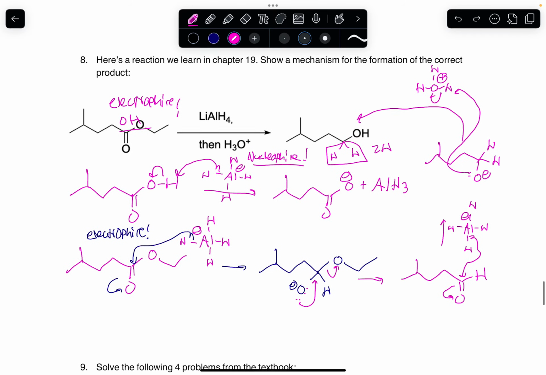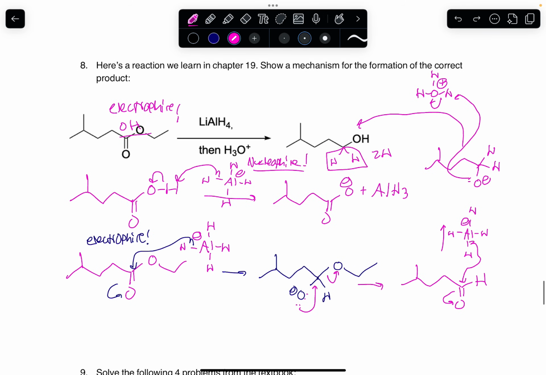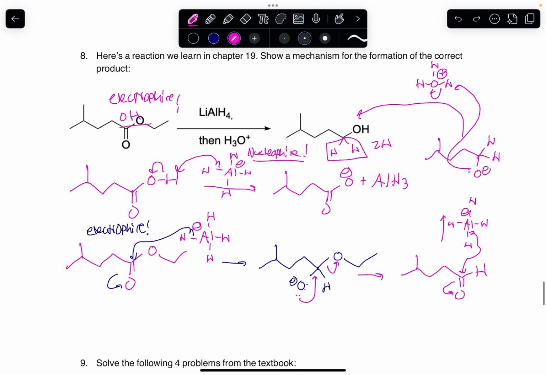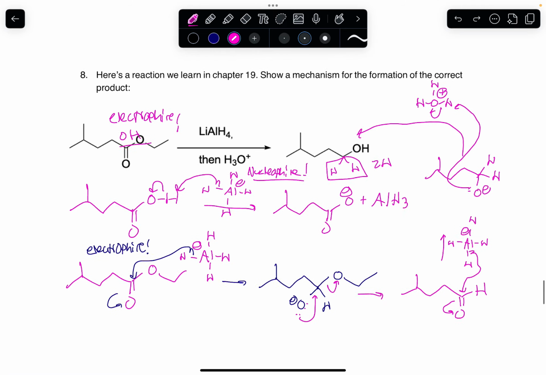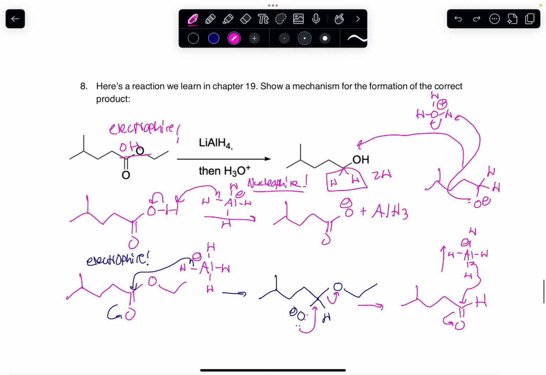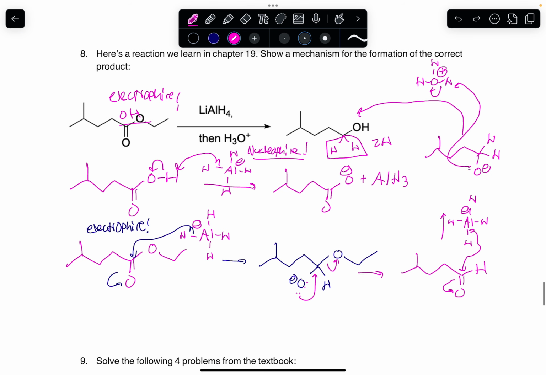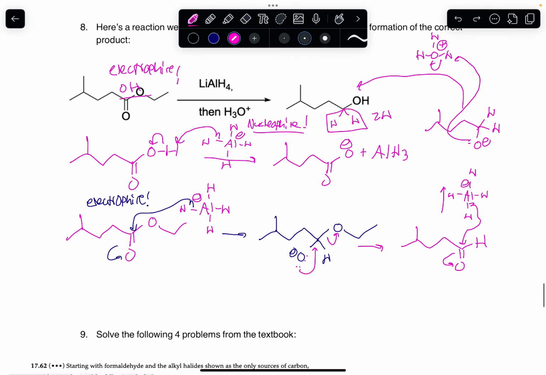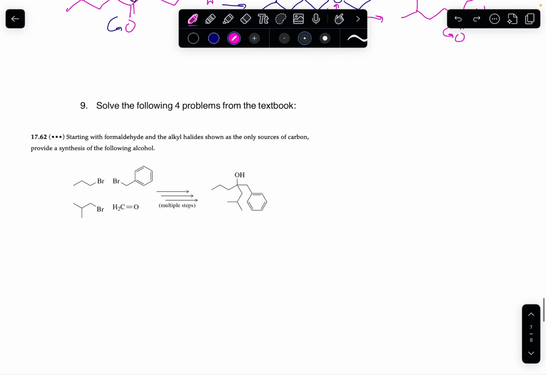This is tricky because we haven't really seen this reaction before. It's one we learn next chapter. But it is good to simulate those kinds of test questions where you're asked to give a mechanism that is tangentially related to what we've gone over, and you have to be able to predict it based on previous reactivity.